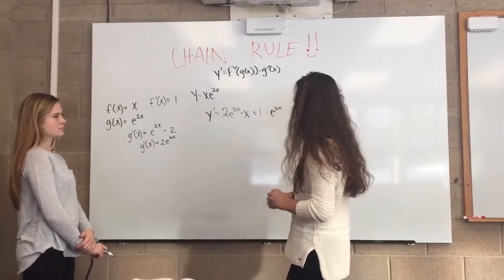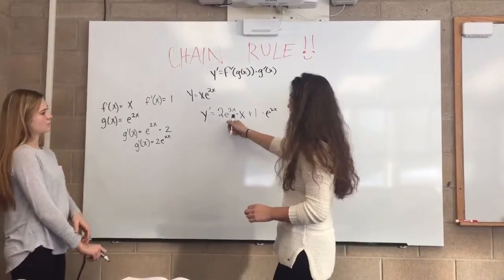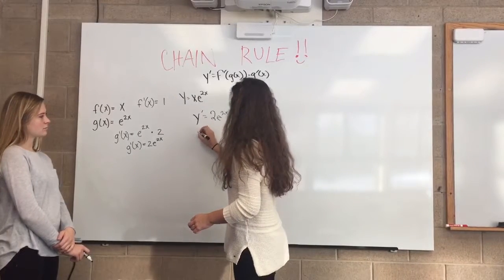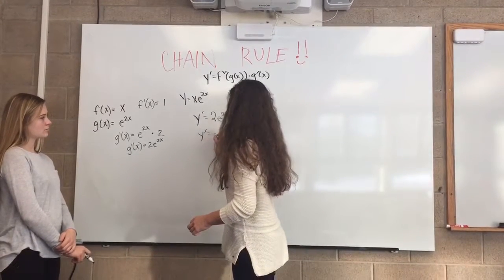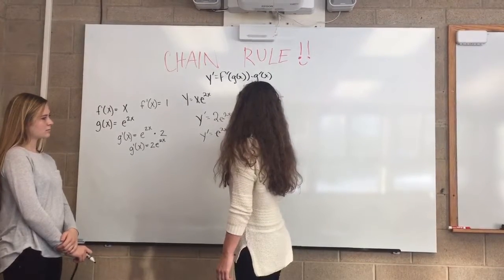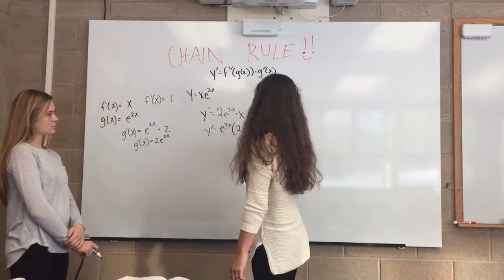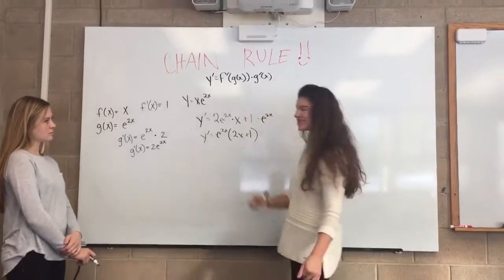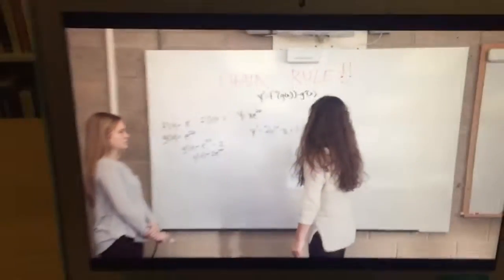And now, because we have e to the 2x on both sides of the equation, we can take it out. So we get y prime equals e to the 2x times (2 times x plus 1). And that's your answer.